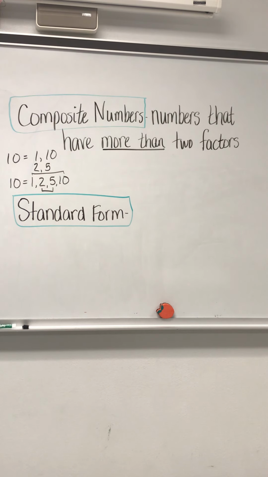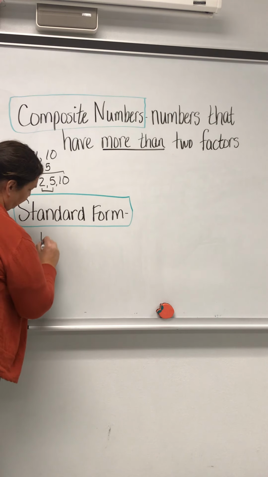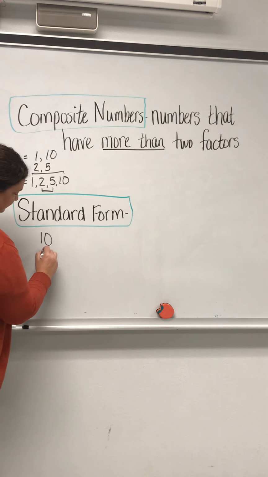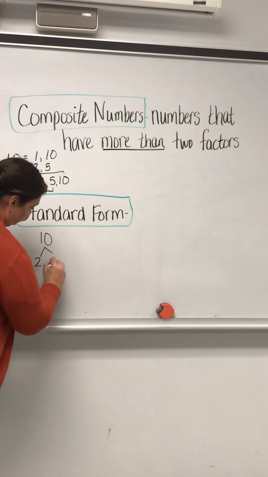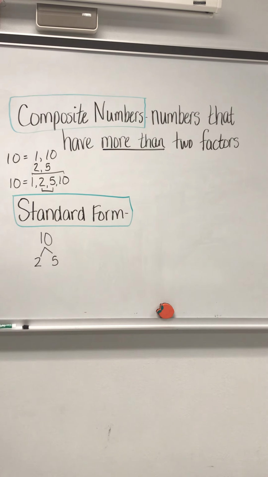Now let's take a look at standard form. This is how it's going to go with what is going to be multiplied. We're going to use 10 again, and we're going to do our factor trees. What times what equals 10? Now when we do standard form, we know that 1 and 10 multiply to get 10, but we also know that 2 and 5 do. Now no numbers can go into 2 besides 1, so 2 is a prime number.